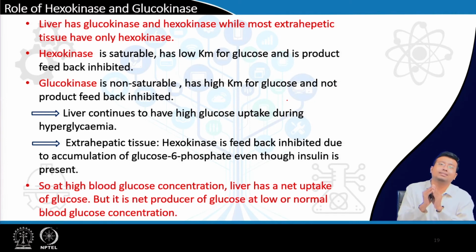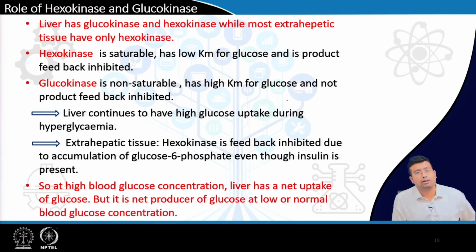We all know by now, it converts glucose to glucose 6-phosphate. In peripheral cells, how does glucose enter the cells? By the action of insulin. When insulin tells, glucose enters the peripheral cell, and hexokinase can easily utilize it, converting it to glucose 6-phosphate, and all the important processes continue.